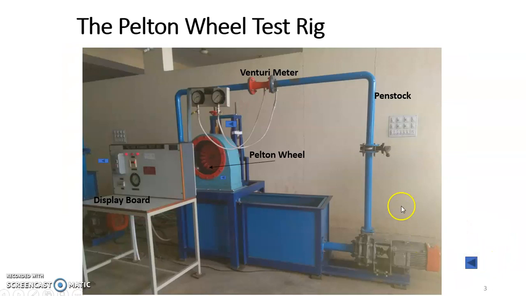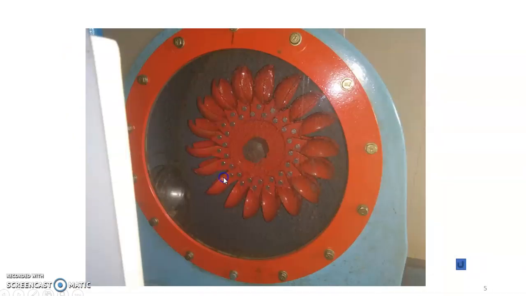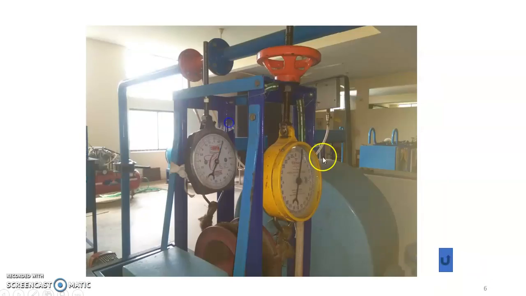So when it comes to the Pelton wheel, you can very clearly see the nozzle here and the buckets here. The loading arrangements are manually held loads, and the loads are applied with the help of the wheel in terms of kgs here.